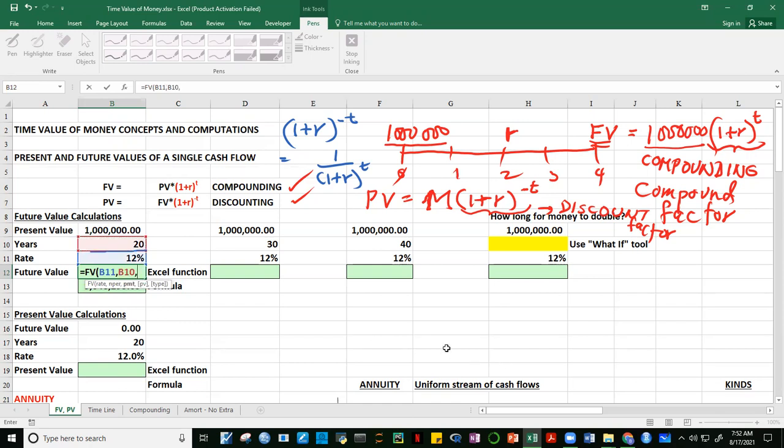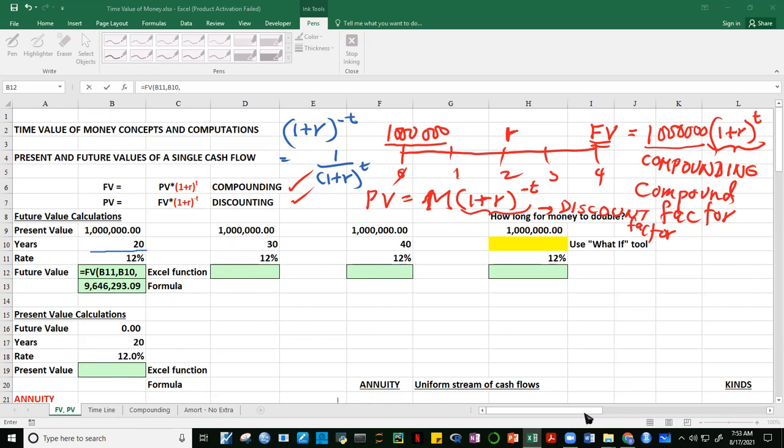Comma, PMT. PMT, guys, refers to annuity. I'll explain later what an annuity is. An annuity refers to constant, uniform payments. For example, 100 for the next 20 years: 100, 100, 100, 100. That's an annuity.